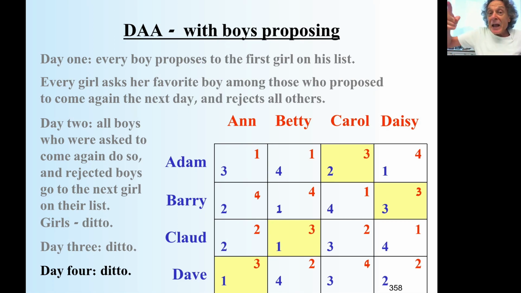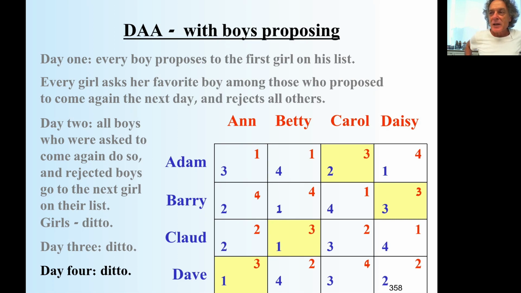And maybe she didn't even end up with that boy. Maybe she got even better later on. But in any event, she eventually ended up with somebody that she prefers more than me. So if I prefer Alice to what I got, Alice does not prefer me. In that case, there's no objection.